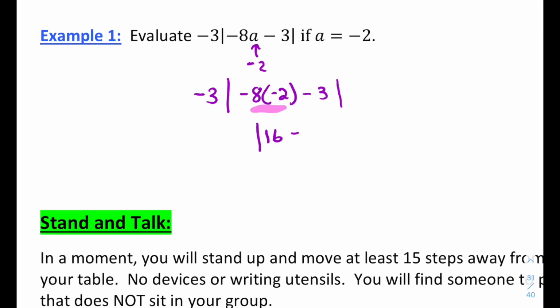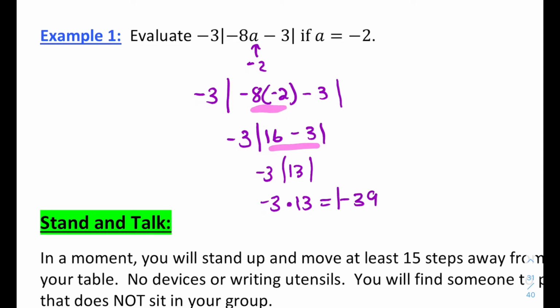You can't multiply negative 3 in. So working inside, you'd have 16, and then 16 minus 3 would give you 13, and then you could multiply negative 3 times the absolute value of 13, which, the absolute value of 13, distance between 13 and 0, is just 13, so you end up with negative 39.